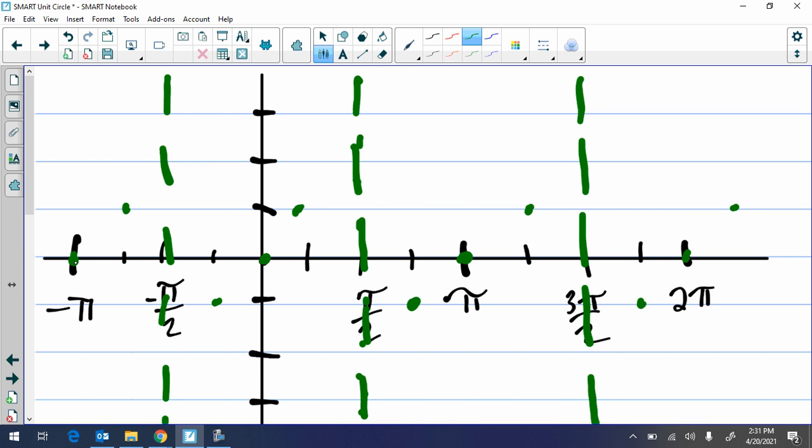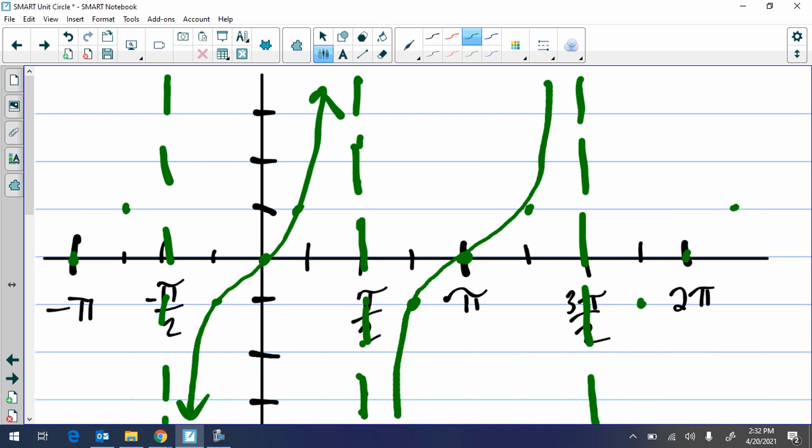Watch how this draws in. Just like that. It's going to follow along those asymptotes. Just like that. It's going to continue going down like that.